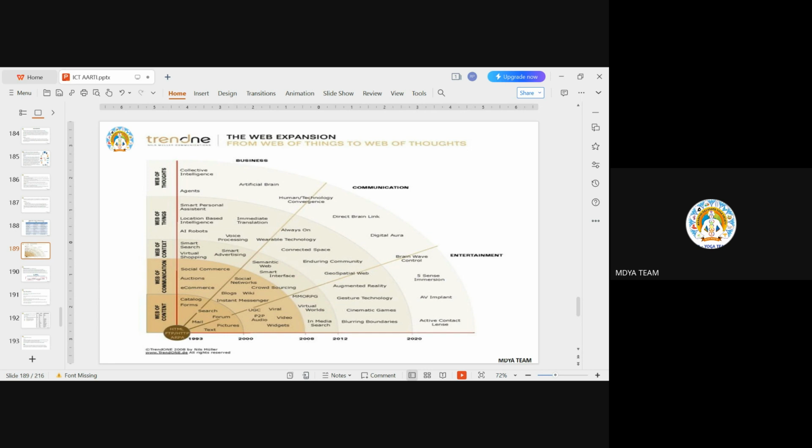Okay, understood, ma'am. It means it can behave like a robot. Yes, it behaves like a human. How we think, it will do like that. You say that you want something, and it will give it to you. You don't need any other website.